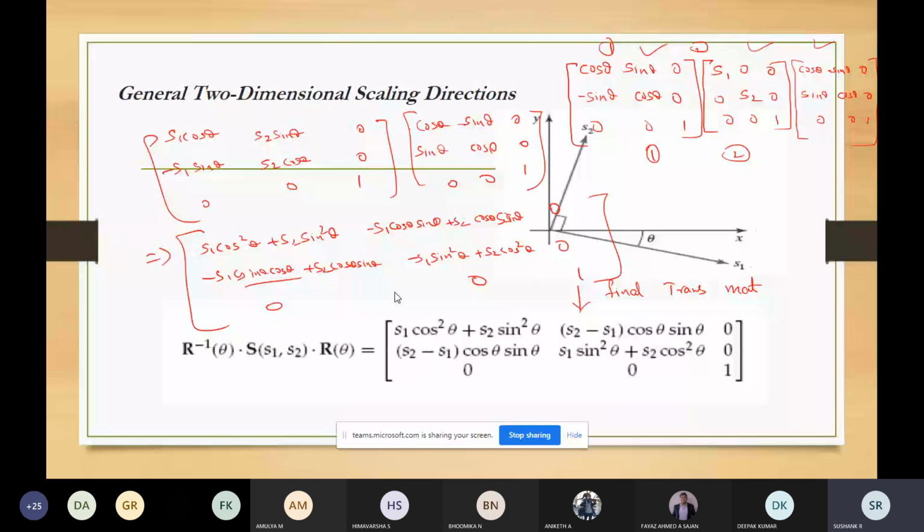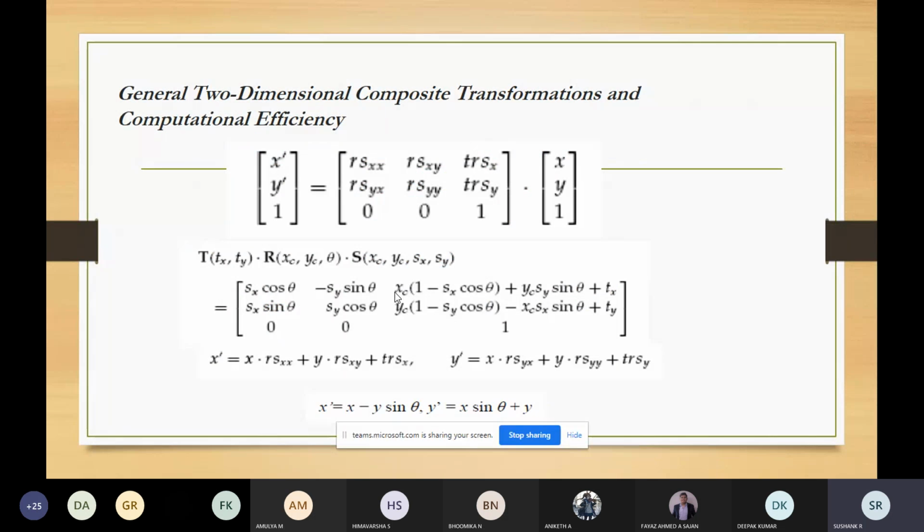The next thing is the composite transformation matrix and computational efficiency. Here I've written one transformation matrix. See this matrix, it is a combination of rotation, scaling, and translation.